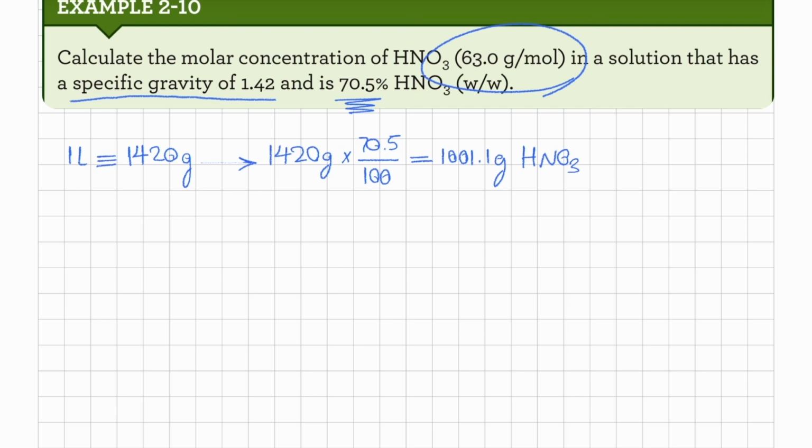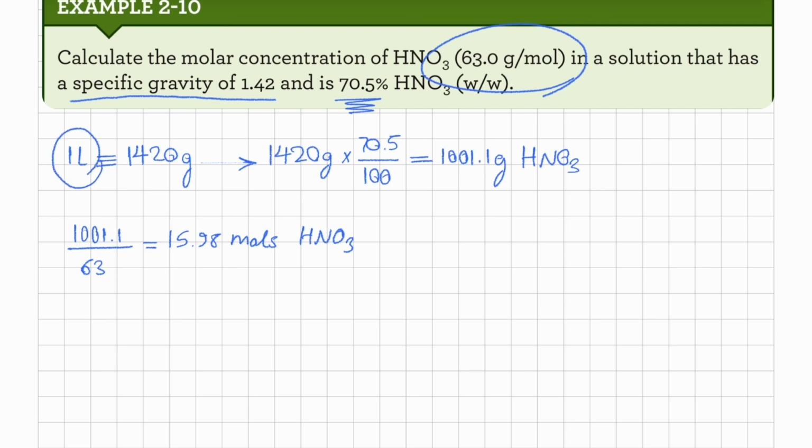By knowing the molar mass, we can say 1001.1 divided by 63. It will give us 15.98 moles of HNO3.